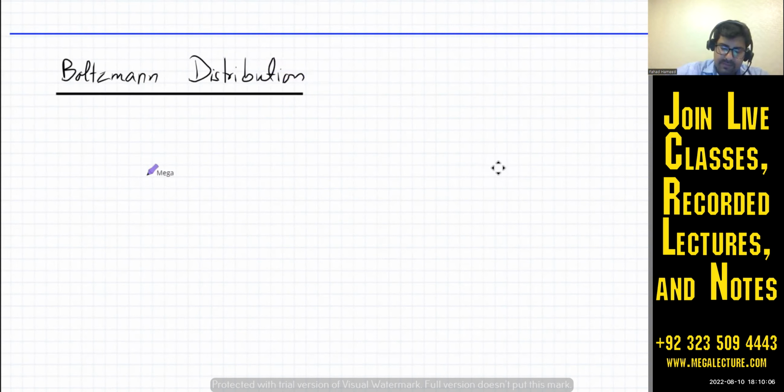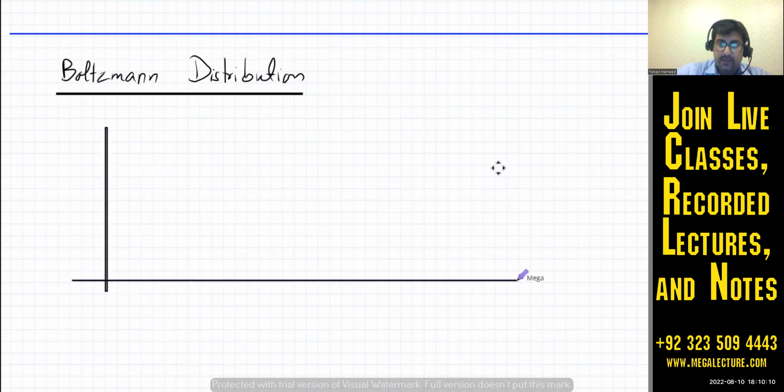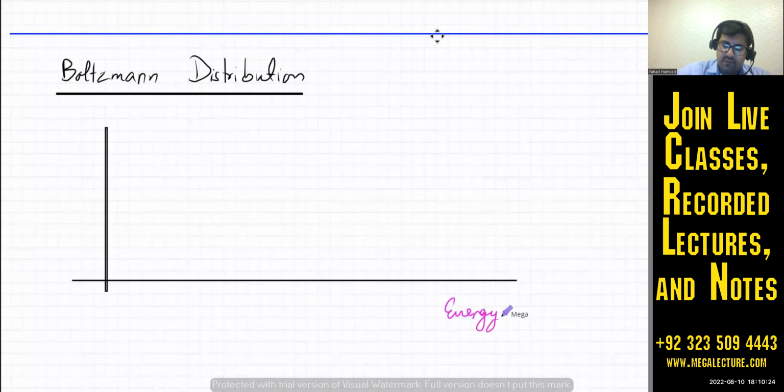Most Boltzmann distributions would look like this. They'll have two axes. One of them would be energy. So let's say you have a room and it's got all these gas particles. The other axis was the number of particles, or the percentage or proportion of particles.